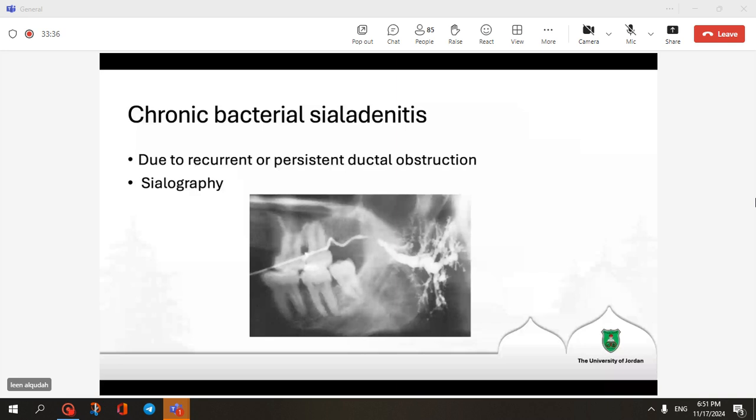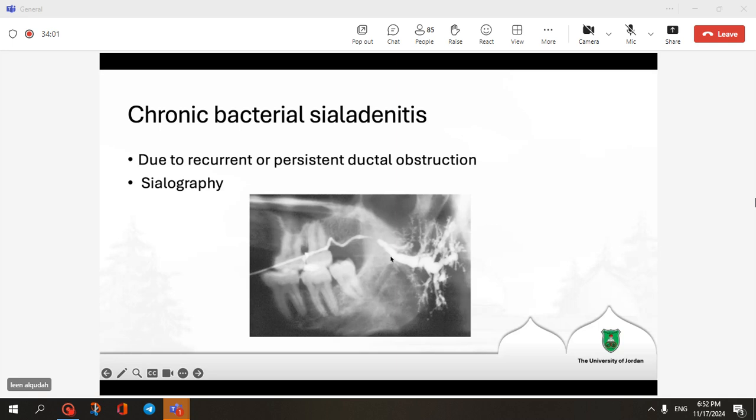Sometimes we may do a sialography, not every time, but sometimes we might need to. In sialography, you inject the patient with a contrast medium that will be shown in this color. What you need to know is that in chronic sialadenitis, when you have an acute sialadenitis that was not treated or a persistent ductal obstruction, on the sialography you will see sausaging, as you can see here.